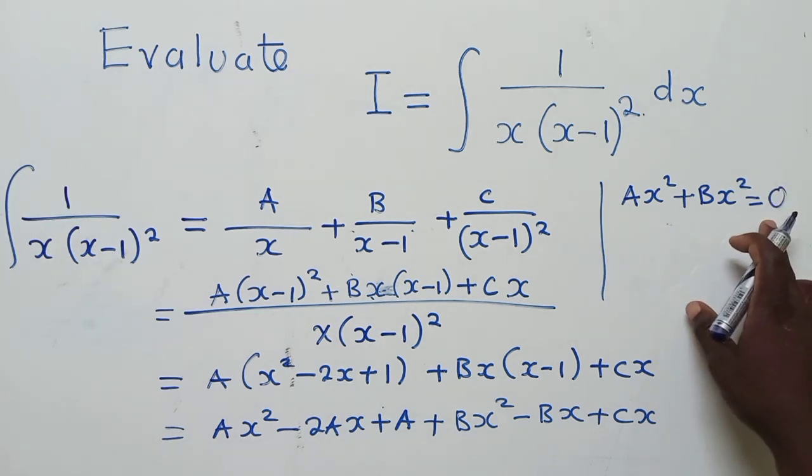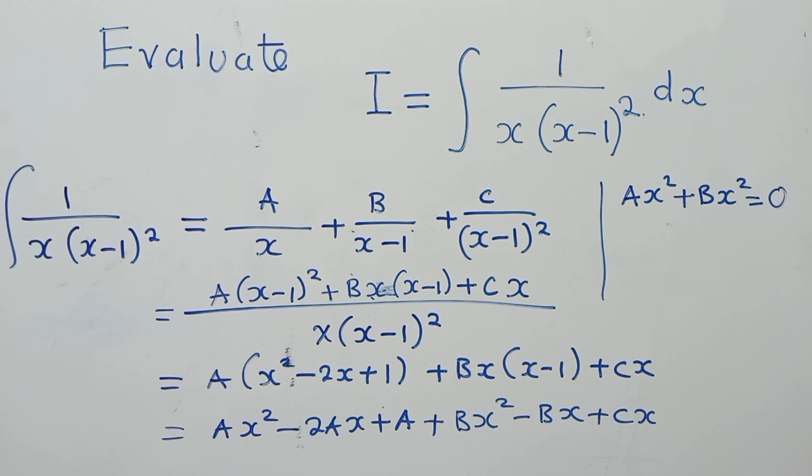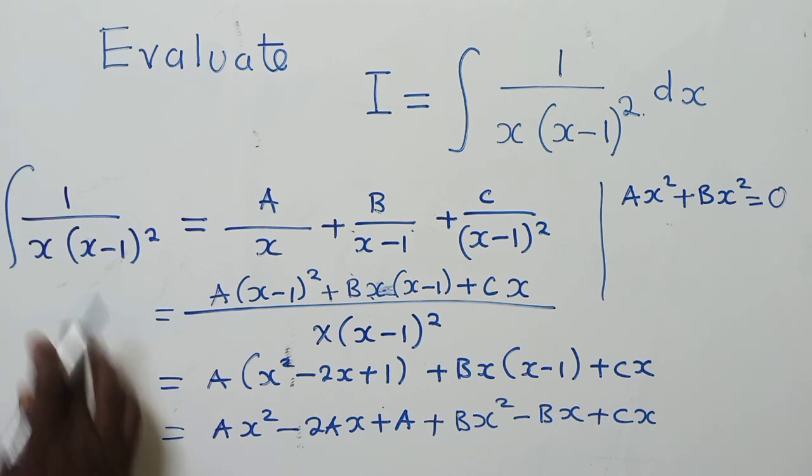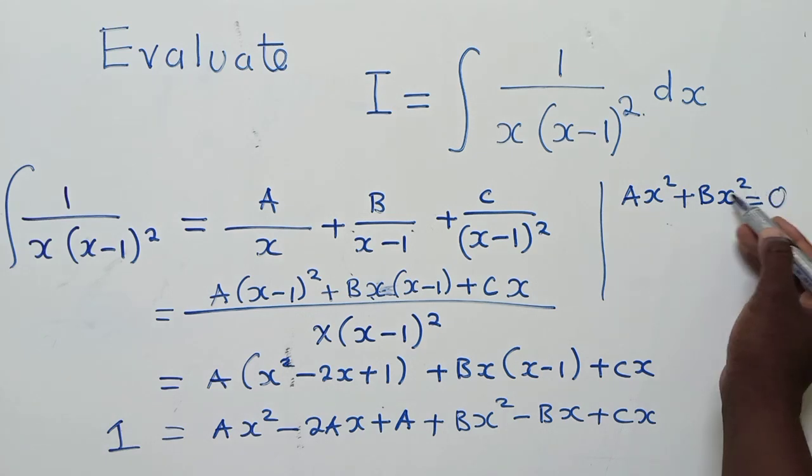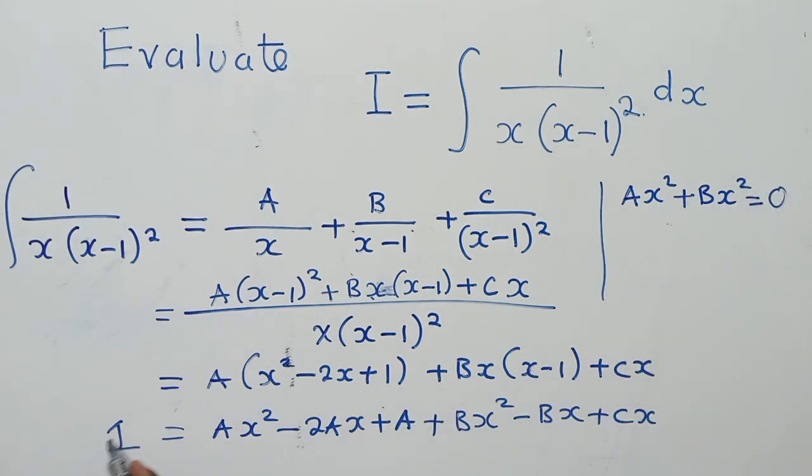Where is this 0 coming from? You check this side. We just copy what is on top. We only have a 1. Do we have anything with power 2 here? No. There is only 1. So we're going to put a 0, because nothing has got the power 2 on this side.